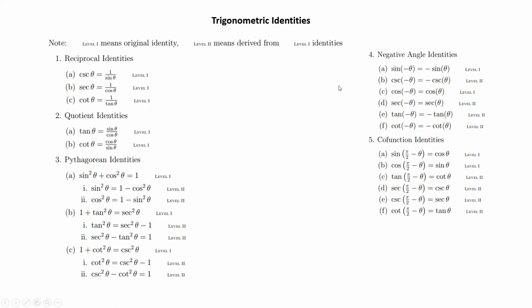Graphically, an even function is symmetric about the y-axis, and the odd function is symmetric about the origin. All right. And then co-function identities. I'll go through them, but how seriously should you take them?